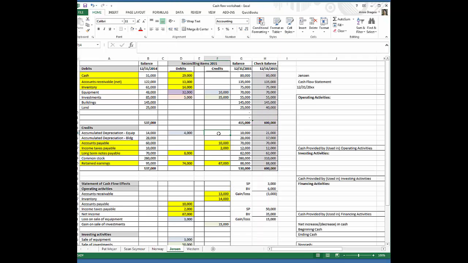So what we're going to do is just plug for the credit to accumulated depreciation, which would be your depreciation expense. So the difference here is 11,000. So if I put 11,000 in this spot, this comes out even. And I must need about $9,000 in here to make these equal. So I'm going to do my depreciation in one entry. So the 11 plus the 9 will be my depreciation expense of 20,000. So I'm going to add that down to operating.